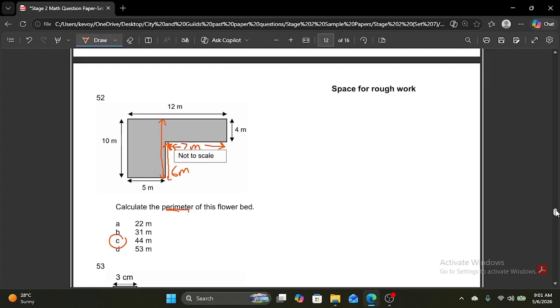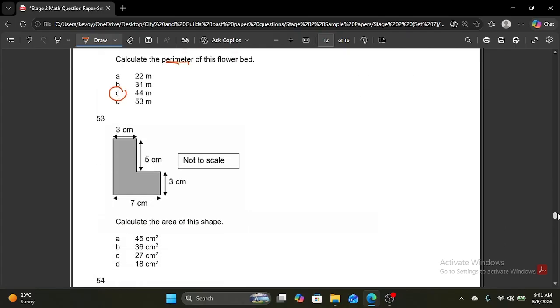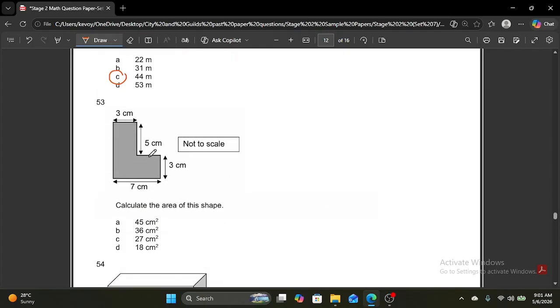Moving right along. Alright, so we have the same question. What are we finding right here? So 53, we're finding the area of the shape, not the perimeter. So it's not the same. First things first, let's separate the shape into two parts because it's a complex shape.